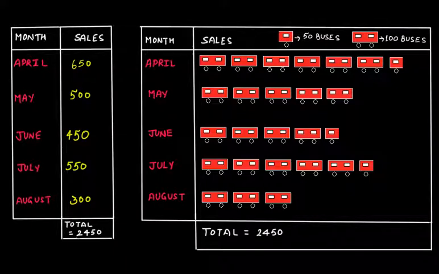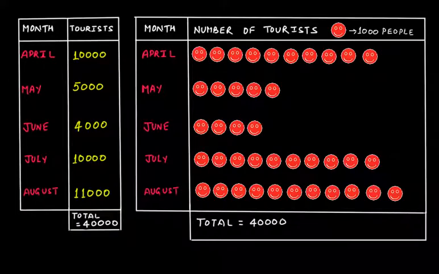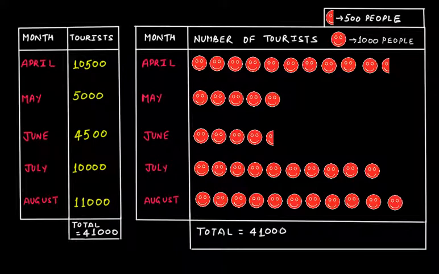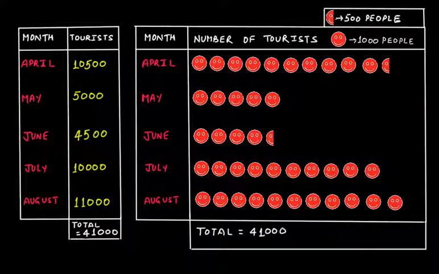Second, for this representation, we have made this change: half a smiling face represents 500 people and a full smiling face represents 1,000 people. Same thing as we discussed here, we have made changes just by adding this information.